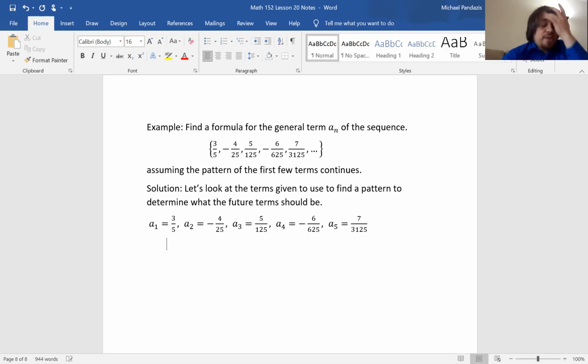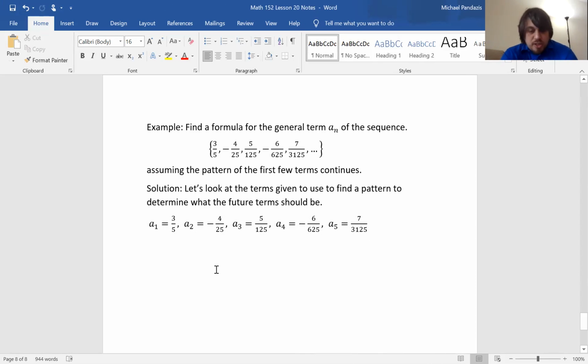So notice what's happening in the numerator. Ignoring the negative sign, what's happening in the numerator is that we're just adding 1 each time, right? When the first term is 3, the second term is 4, the third term numerator is 5, the fourth term numerator is 6, right? So n is the index.